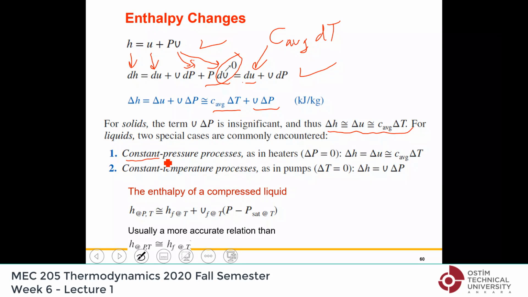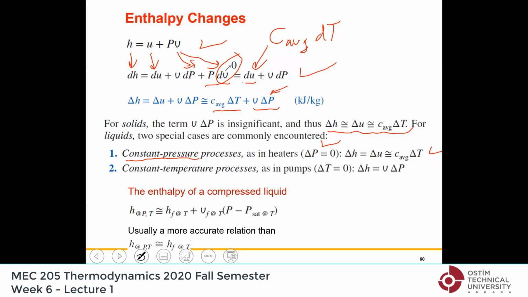If the pressure is constant for liquids, in that case, delta P will be 0 if P is constant. So you have simply delta H is delta U, which is C delta T. So if the pressure is constant, then we just use this relation.